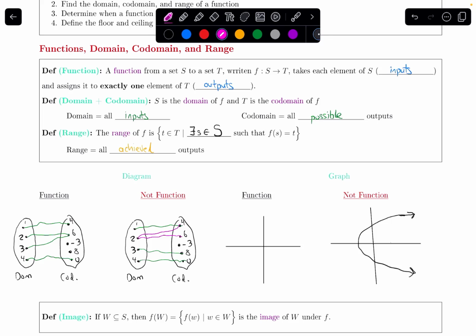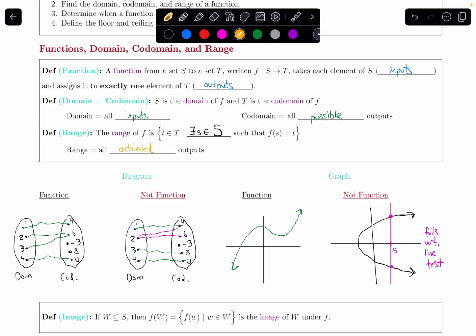If there's an input like this, maybe this is 5, that has multiple outputs, that means the graph doesn't pass the vertical line test. So this fails the vertical line test, which means it's not a function. Something that is a function needs to pass the vertical line test. One example is maybe a graph like this. This one passes the vertical line test.